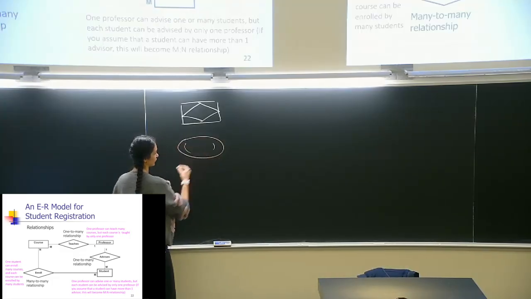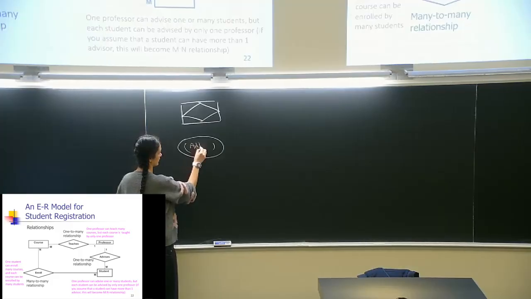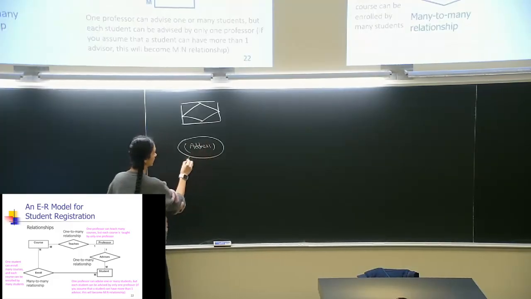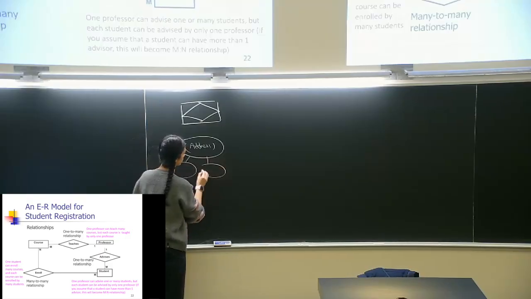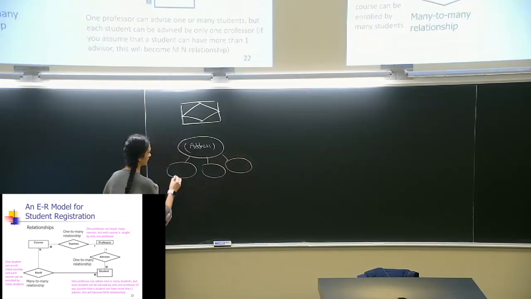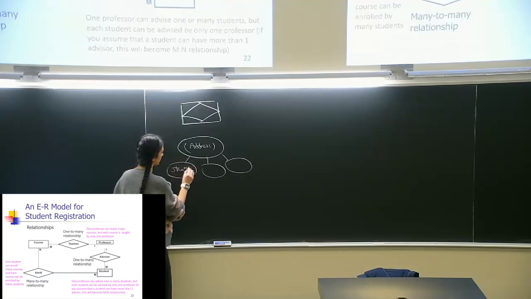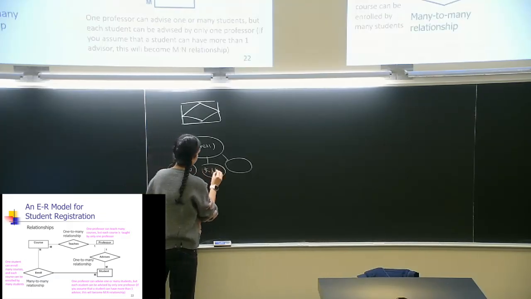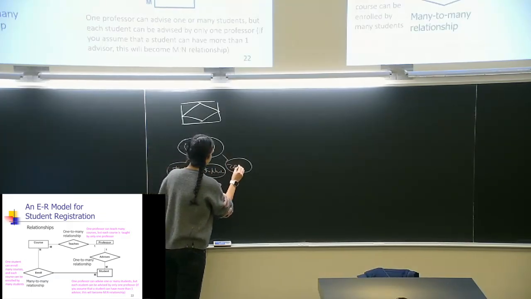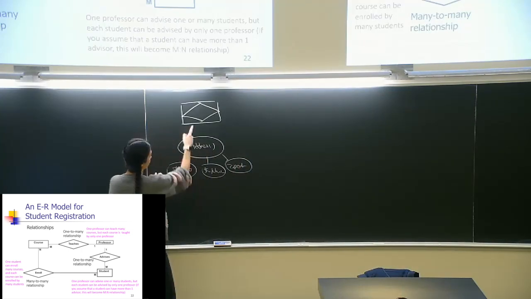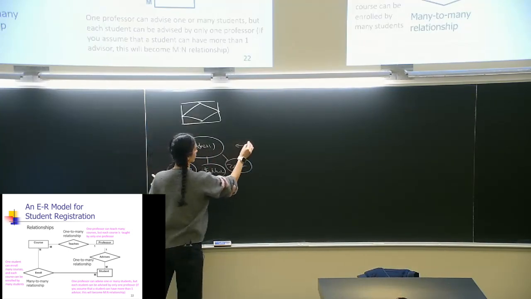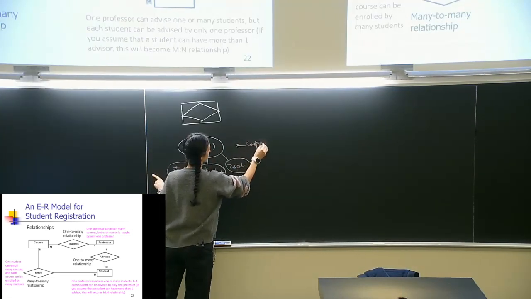This is composite attribute, like for example, address, right? Then it means that it is composed of several other attributes, like a street number, a street name, maybe zip code, and so on. So this is an example of composite attribute.